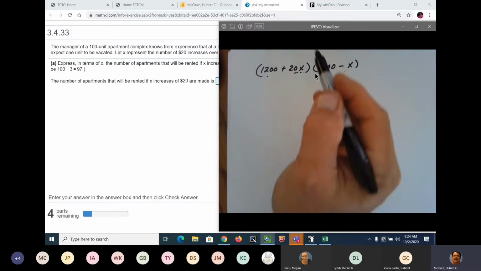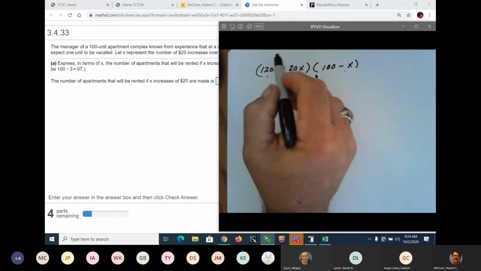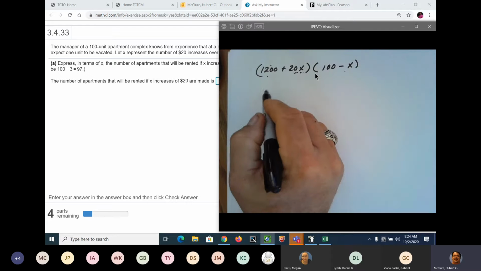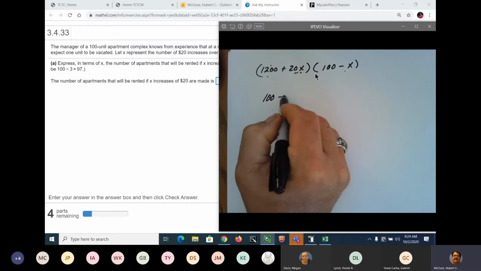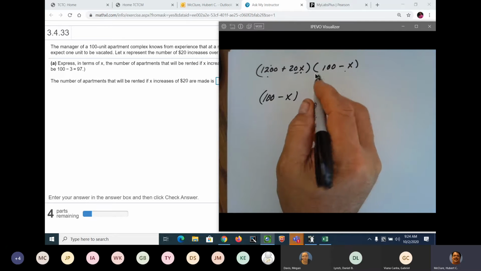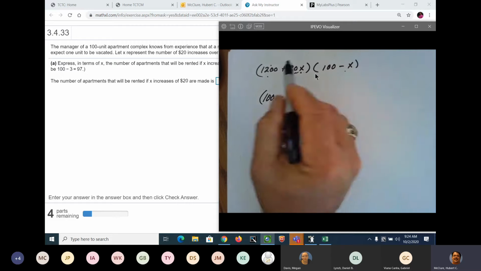And that's going to be the FOIL method. So I'm going to turn it around and say 100 minus X. Well, it isn't going to matter how you turn it around. It's still going to be the same thing.